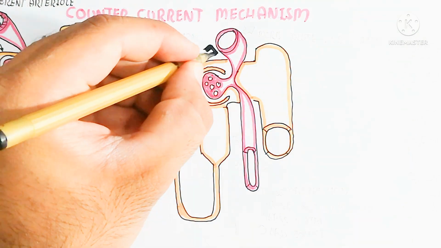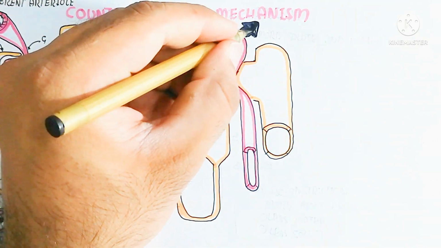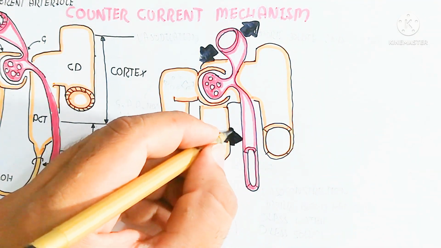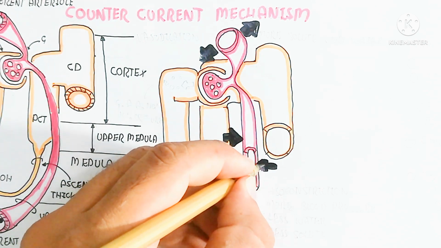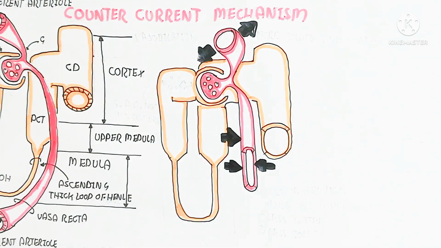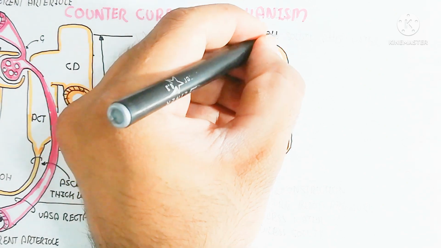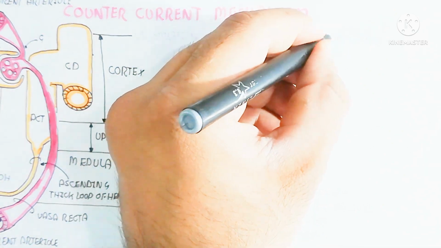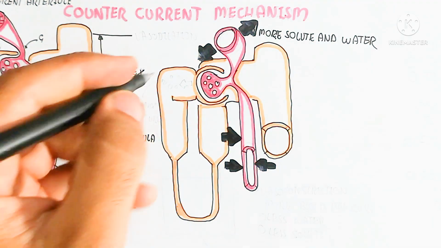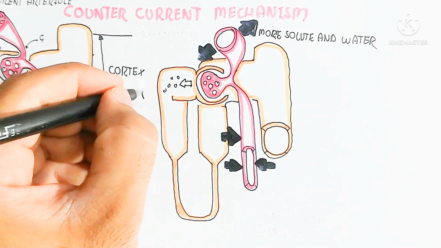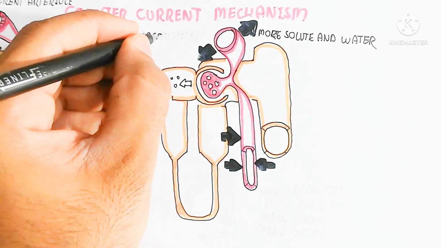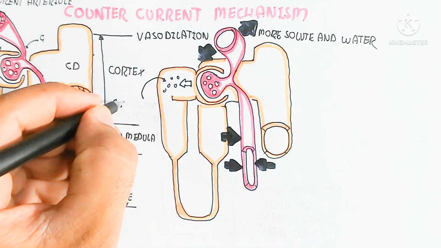Here you can understand that more solvent and water enter the afferent arteriole, containing more water, and vasodilation occurs, but vasoconstriction occurs in the efferent arteriole for more filtration. So the glomerulus will fill with more water, and hydrostatic pressure will create the filtrate into the proximal convoluted tubule.